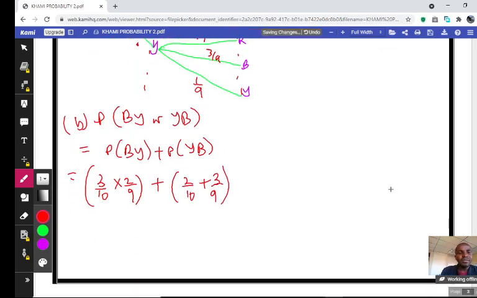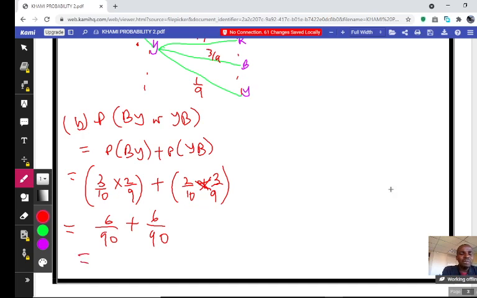Then simplifying the two, for the first part, just multiply the numbers on top. You can just say 3 times 2, it will be 6. 9 times 10 is 90, plus 2 times 3 is 6. 10 times 9 is 90. The reason why you just have to multiply the numerators is so that the denominators will be the same. And it will be easier on your side to work this one out. Then you just have to add the numerators.